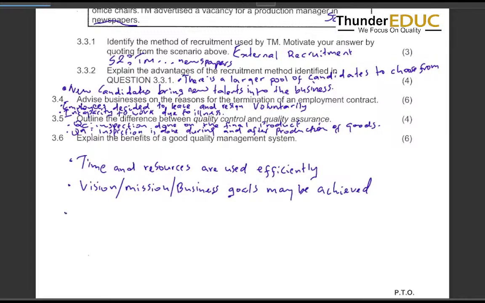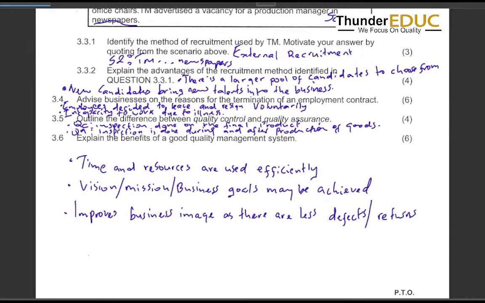Then the last one, we are saying that it improves business image as there are less defects or returns.